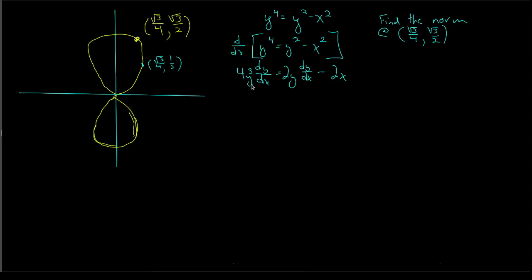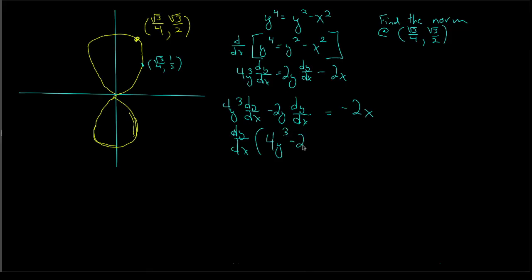And we're going to bring all the dy/dx's together, equals negative 2x. And then we're going to pull out dy/dx. That's the thing we want. And we'll solve for it.